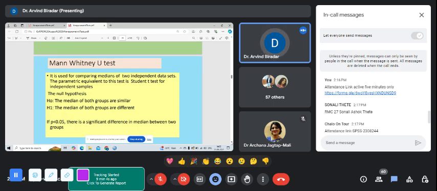In a parametric test, for two independent data sets, you use the Student t-test for independent samples.